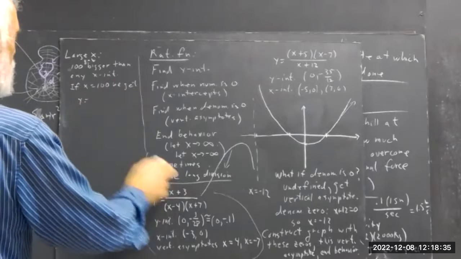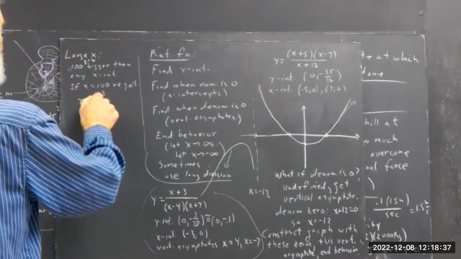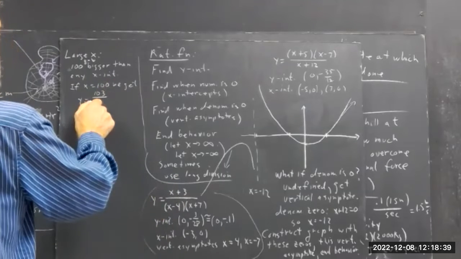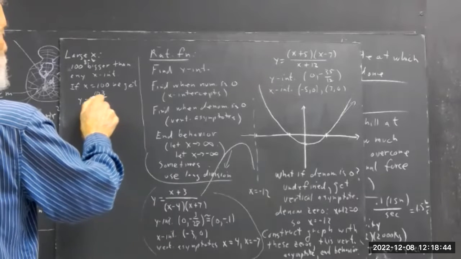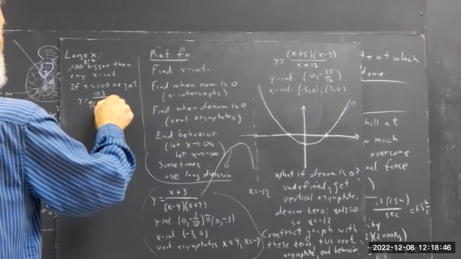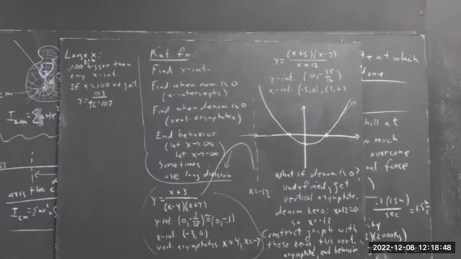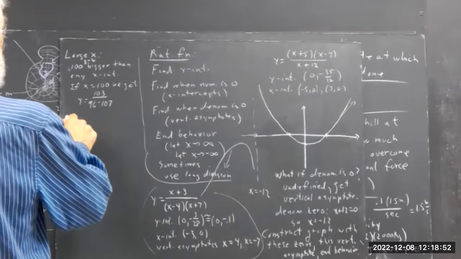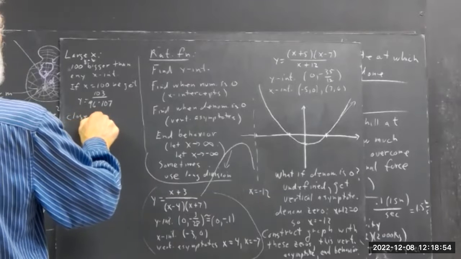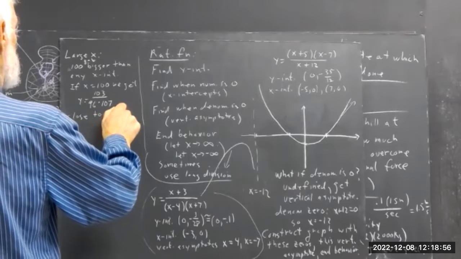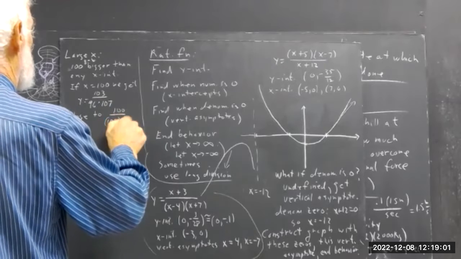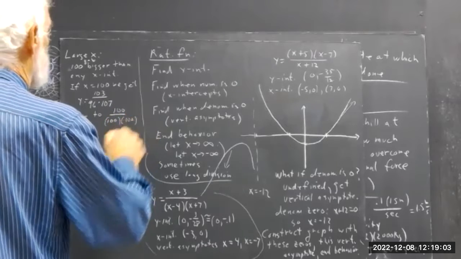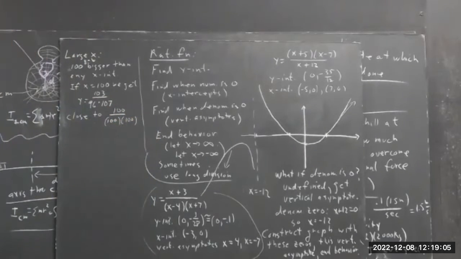Well, if x is 100, we get y equals 103 divided by 96 times 107. Okay, and this is close to 100 over 100 times 100.